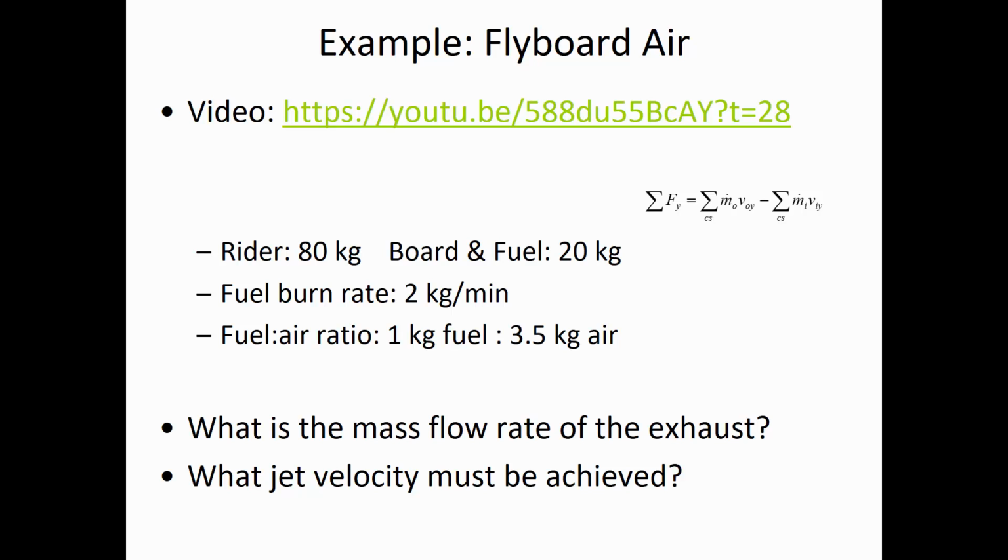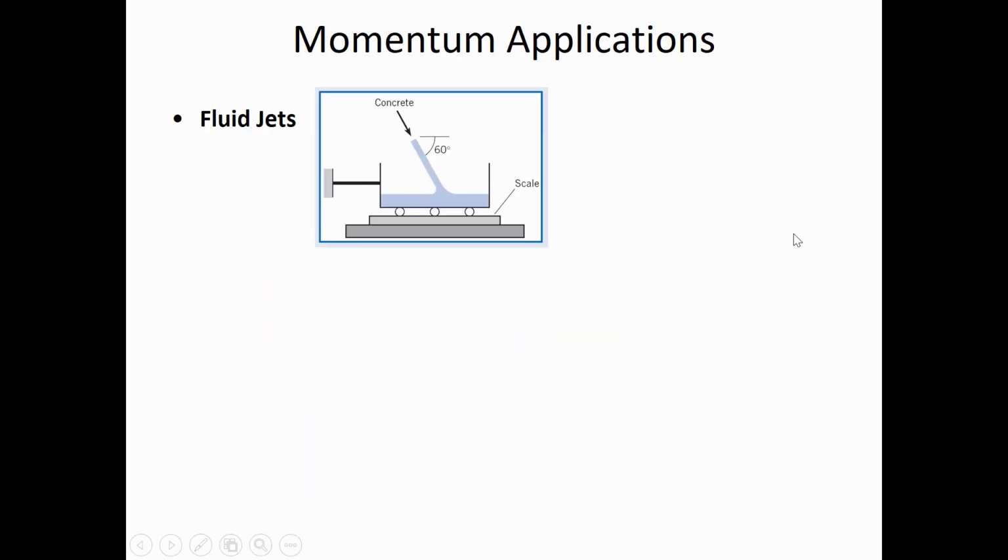And that seems probably unrealistically high to me, so maybe that flyboard air can't actually fly for the 10 minutes that this would maybe suggest, because it seems like the mass flow rate would have to be higher, since that jet velocity maybe isn't achievable. But that's just another illustration of how momentum applications can be used in a simple way where there's only a flow out and no flow in.